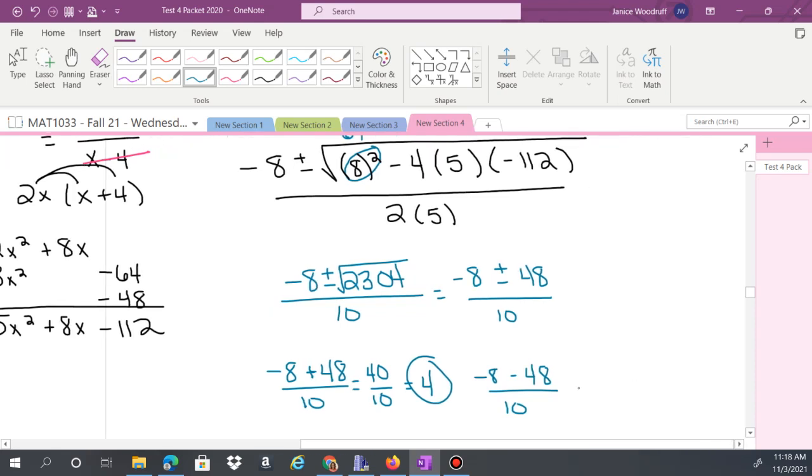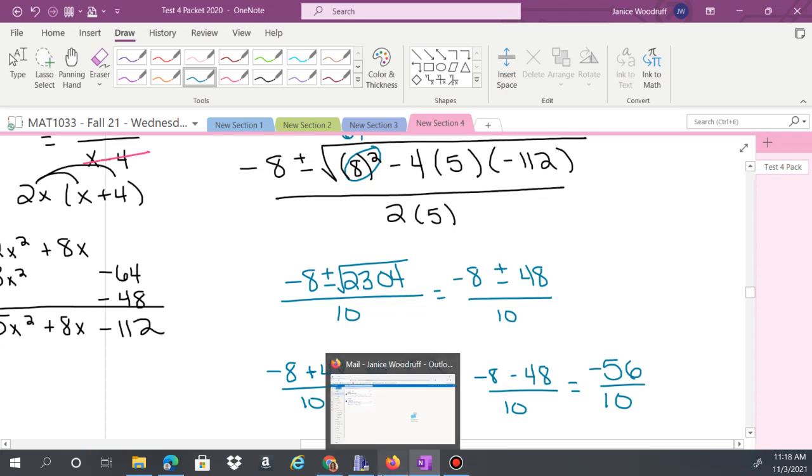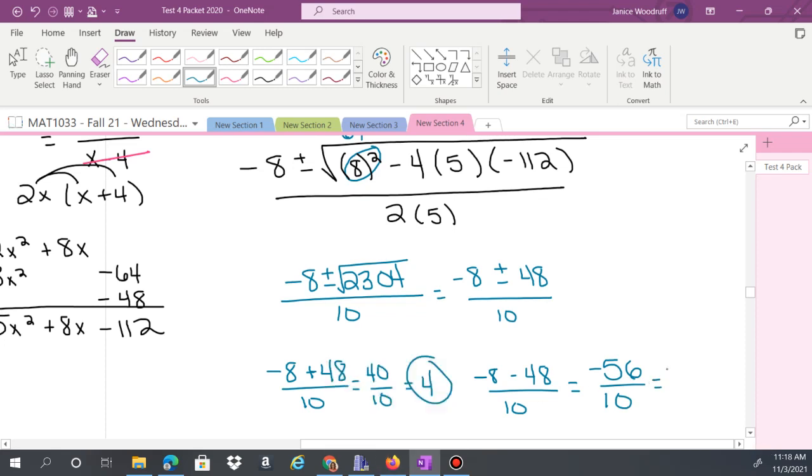Negative 8 minus 48 is negative 56 over 10. And I think I can reduce that just by 2. 56 divided by 2 is going to be 28. 10 divided by 2 is going to be 5. So I get two answers there: 4, or negative 28 over 5.